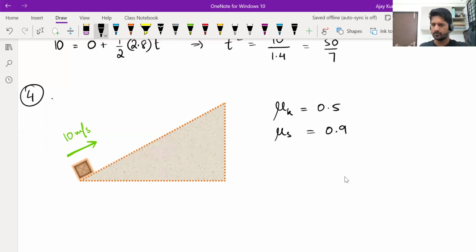Usually these values will be less than 1 only. You know the initial speed and all. Fine. So first question: how far up the incline does the block slide? Start solving.